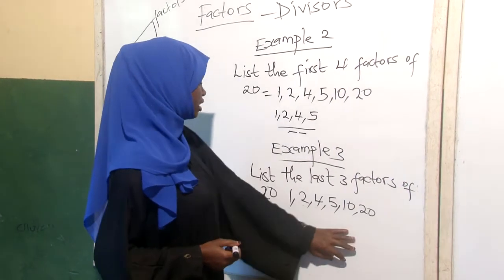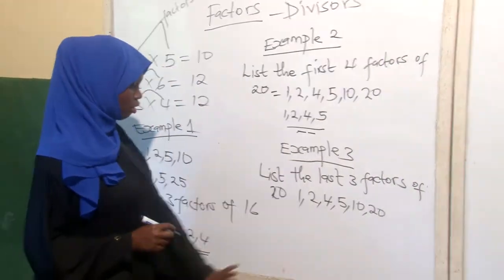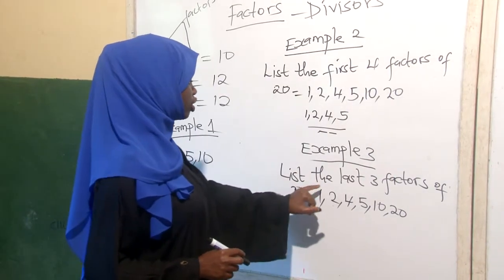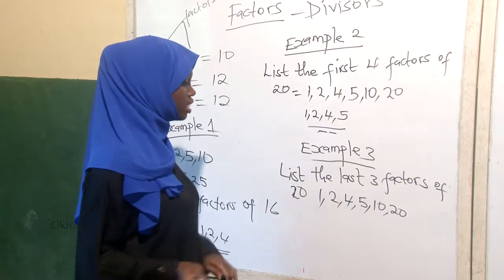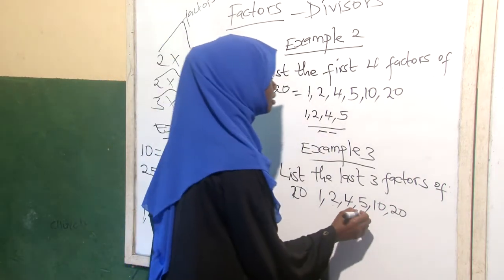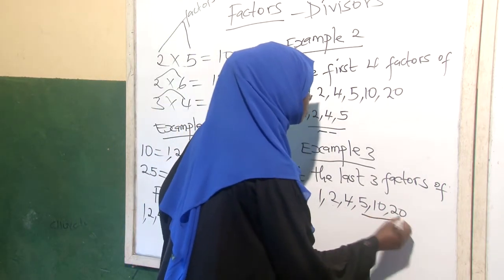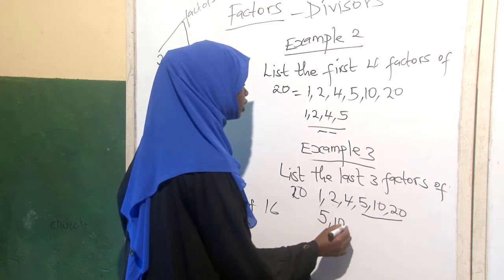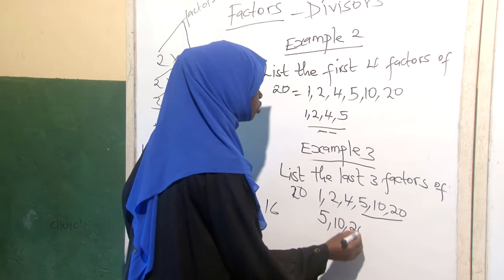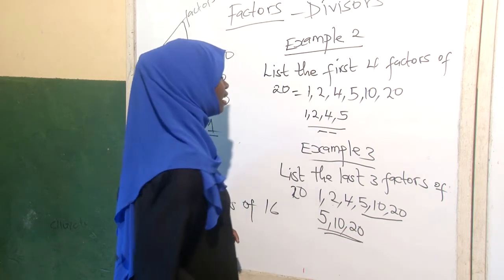So we have already listed all the factors of 20. So the question wants us to give out only the last 3 factors. So the last 3 numbers, that is 5, 10 and 20. So these are the last.